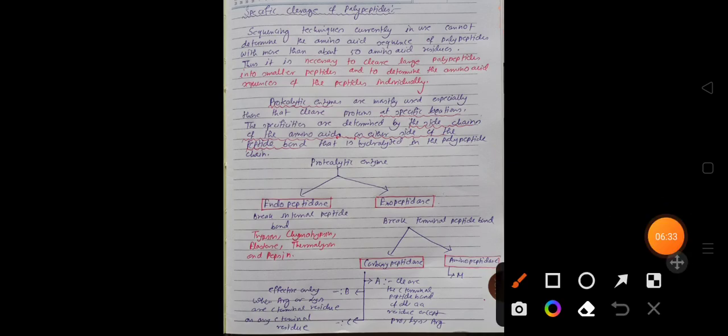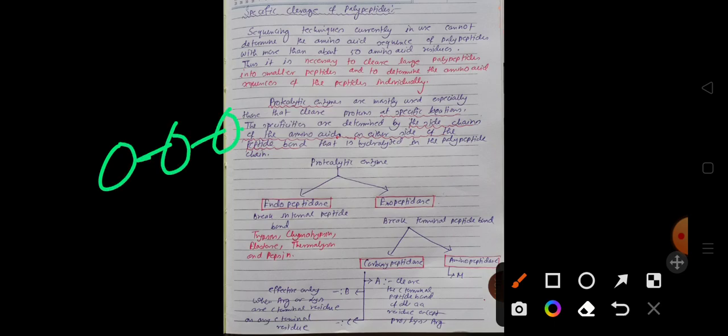Hope you have learned it very well, why we are doing specific cleavage: because the techniques discovered until now can only sequence proteins having fewer than 50 amino acids, right? But most of the peptides or proteins we are interested in have more than 50 amino acids, right?